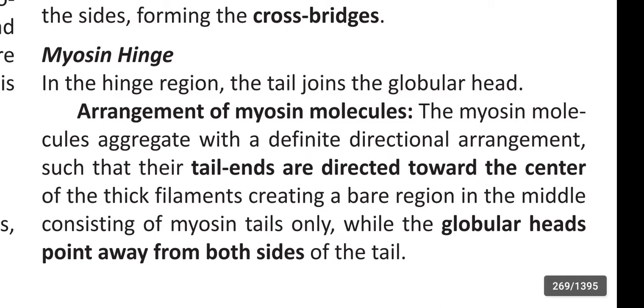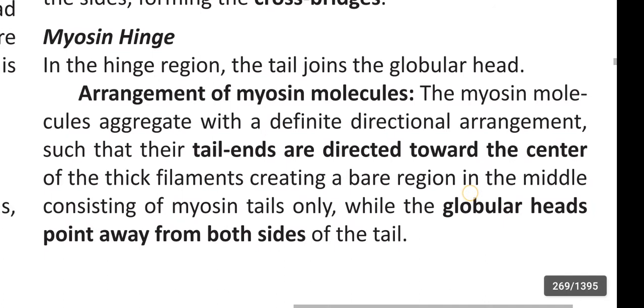The myosin molecules aggregate with a definite directional arrangement such that their tail ends are directed towards the center of the thick filaments, creating a bare region in the middle consisting of myosin tails only, while the globular heads point away from both sides of the tail.